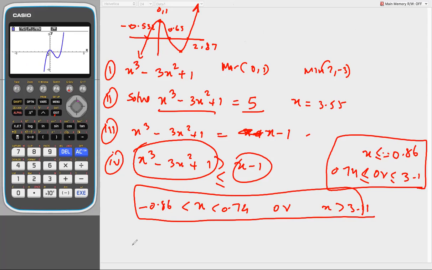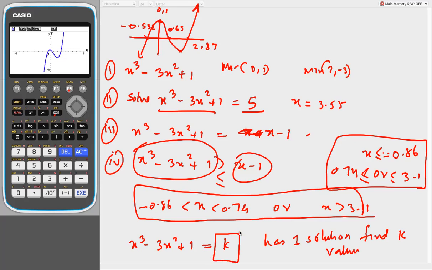Let's say they ask you: x cubed minus 3x squared plus 1 equals k has exactly one solution, find the k value. Now the right-hand side, y equals k, is always a horizontal line. So when I draw a horizontal line, it should cut the graph at only 1 point. Here it is cutting at 1 point, here it cuts at 3 points, then again it cuts at 1 point.